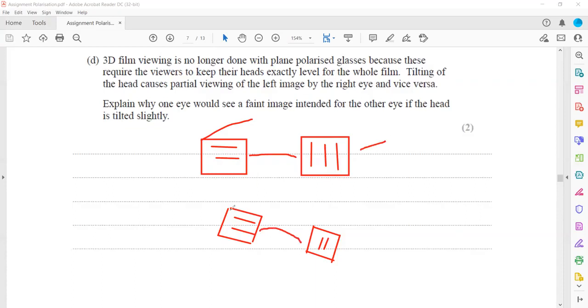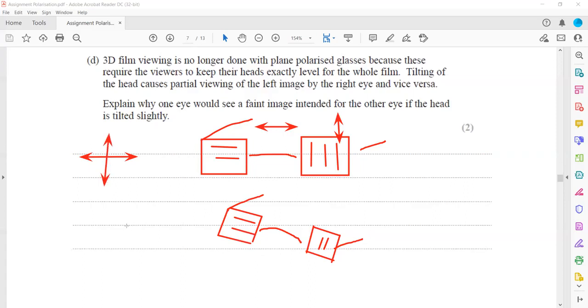But in this manner, it appears faint. What is the reason for that? There's a horizontal component and a vertical component. The horizontal component passes through one and the vertical component passes through the other. So a person is able to see it clearly.